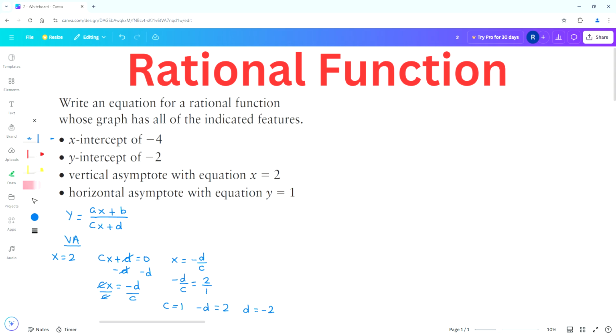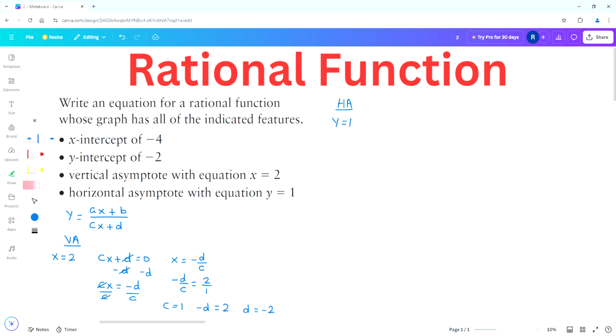Next, we can do the analysis for the horizontal asymptote. The given horizontal asymptote is y equals 1. In the general equation, the degree of the numerator expression is 1 because of the x term in the numerator. The degree of the denominator expression is 1 because of the x term in the denominator expression.